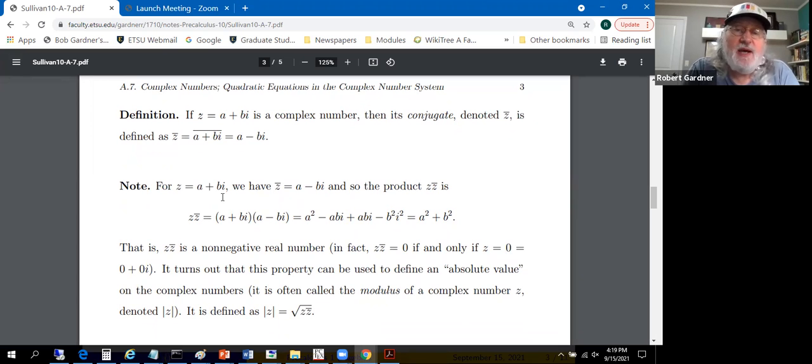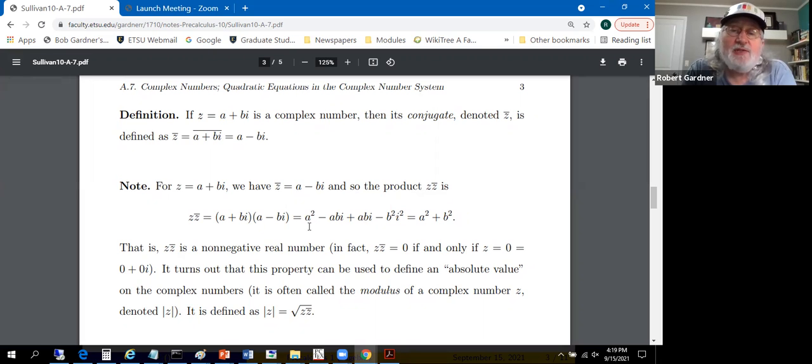Suppose z equals a plus bi, then z conjugate is a minus bi. Let's look at the product, z times z conjugate. That would be a plus bi times a minus bi. We'll FOIL it again. And what you'll get is cancellation of some terms.